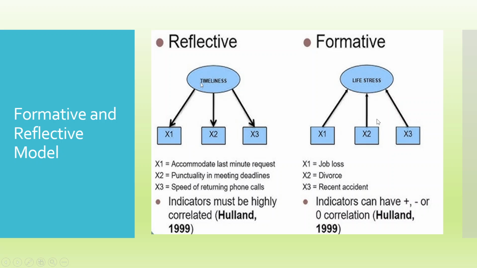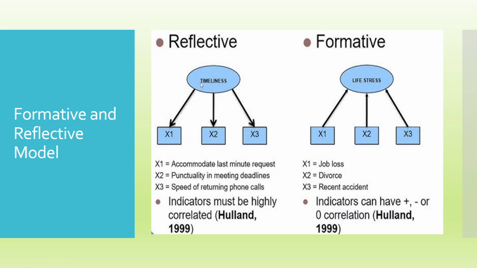Now let us understand the concept of reflective and formative with another example. Life stress can be caused by job loss, X1, divorce, X2, recent accident, X3. Any of them can cause a life stress.